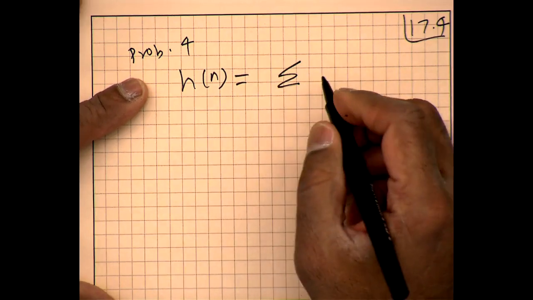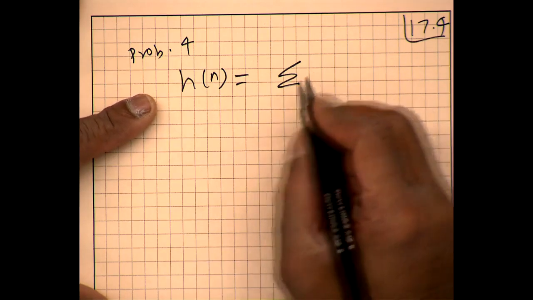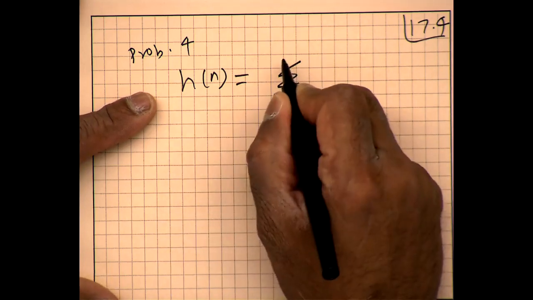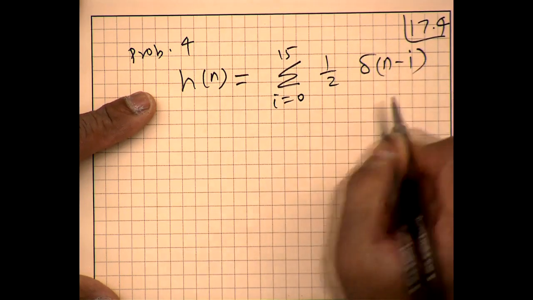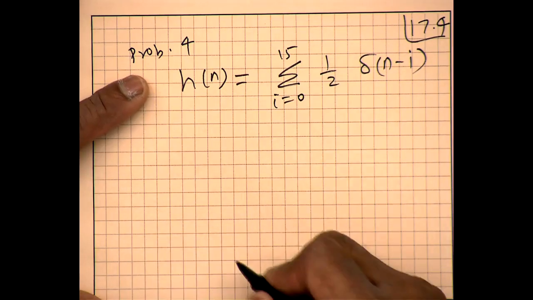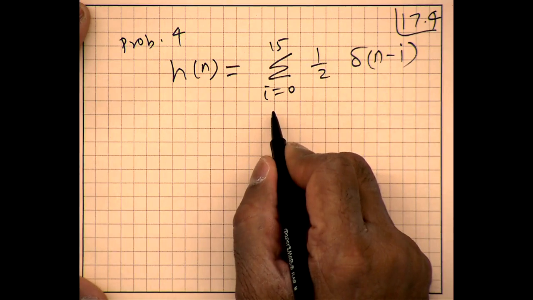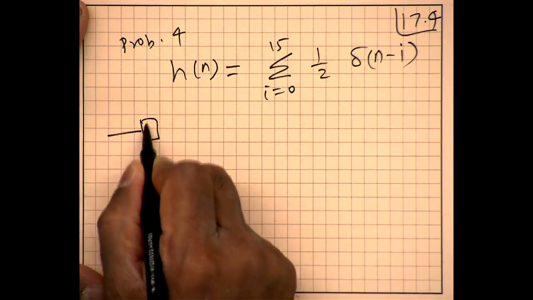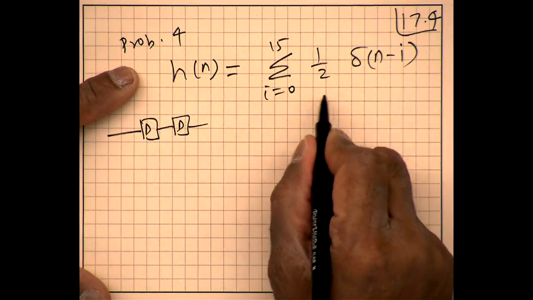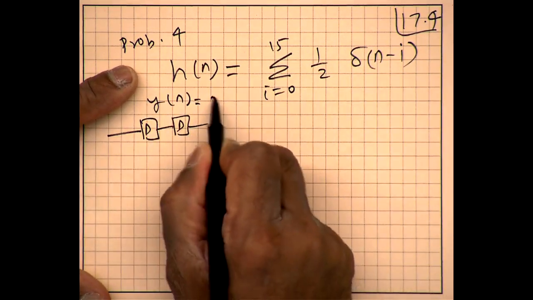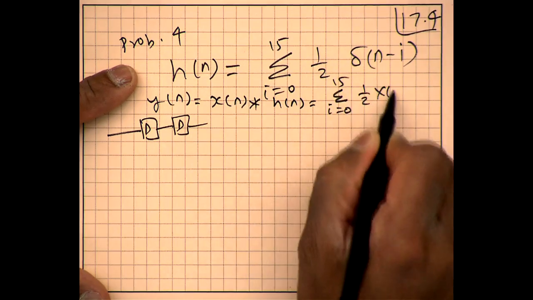So in this case, okay, the idea here is, clearly if I write this as a 15th order or 16 tap FIR filter, you can see that I can write y[n] as the input x[n] convolved with h[n], which would be the sum for i equal to 0 to 15, half x[n minus i].